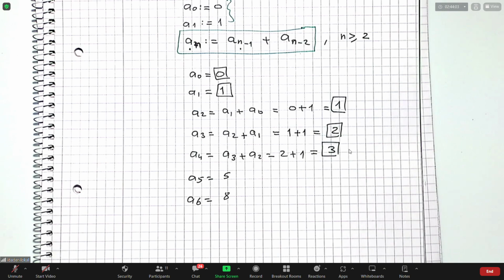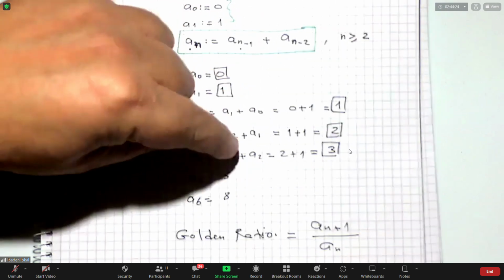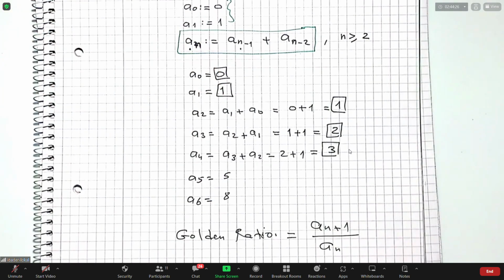Let's take some examples here. If you take the golden ratio, the ratio in this context is just AN plus 1 over AN. Of course, at the beginning, it's almost 1, then it becomes a little bit more. If you take 8 divided by 5, you get 1.6.